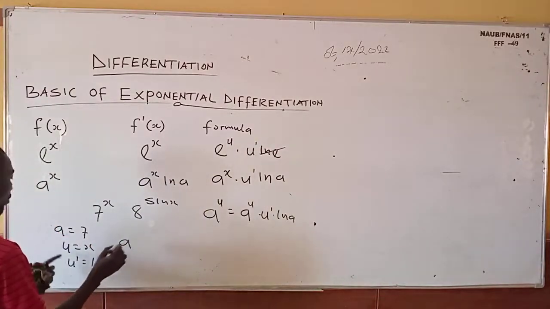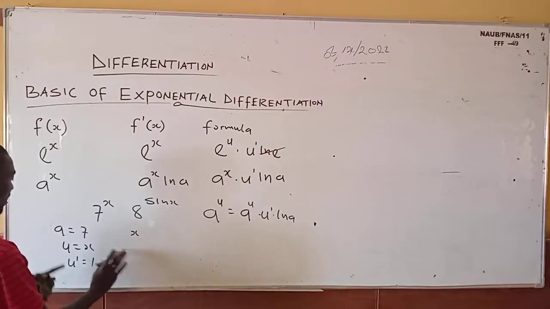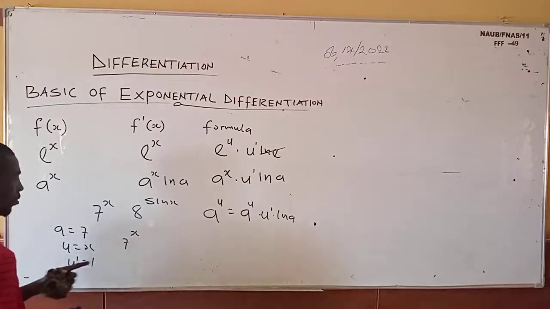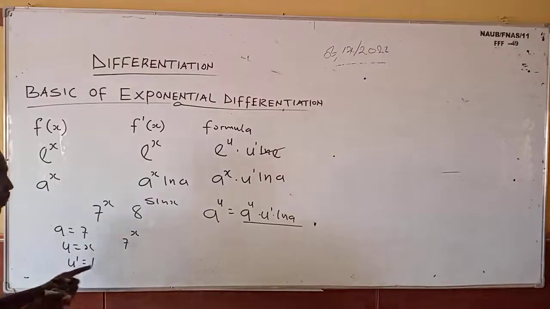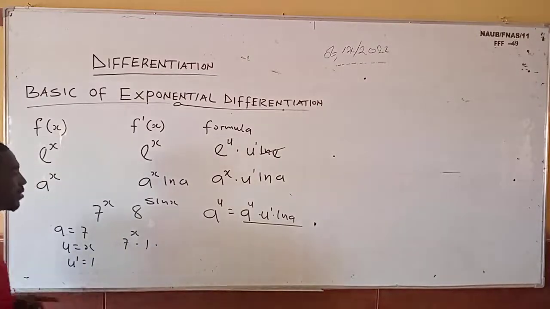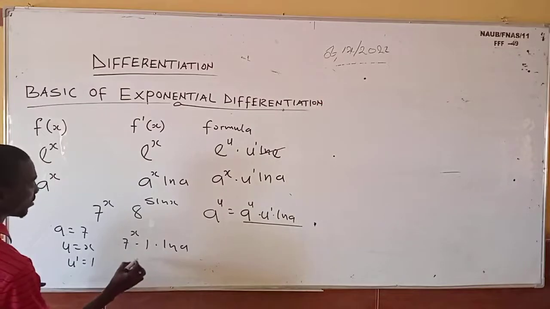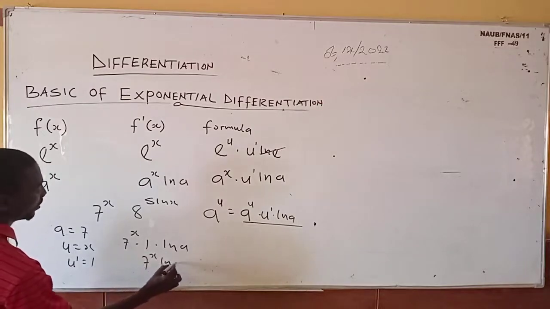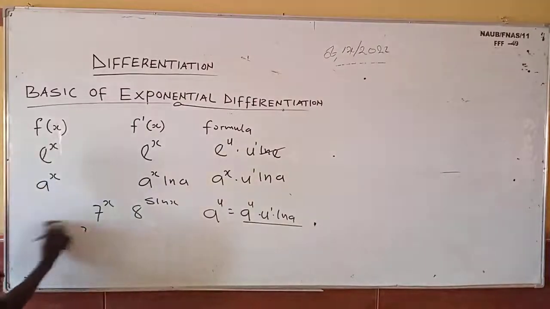A to the power of u. U is s. A is 7. Sorry for the mistake. So u prime is 1 times ln a. So our answer is 7 to the power of s times ln 7. Do you get this? Okay, so let's solve the next one.